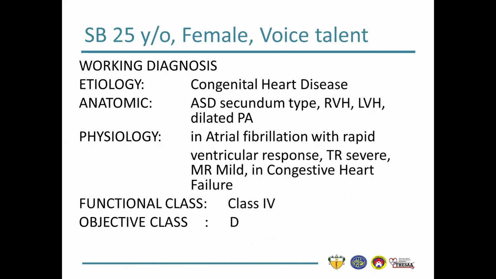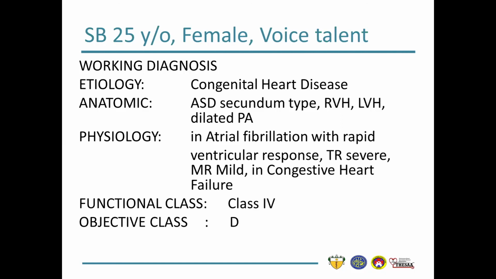So if we combine history, physical examination, as well as the different ancillary procedures requested, the working diagnosis for SB would be: etiologic diagnosis, congenital heart disease; anatomic diagnosis, atrial septal defect, secundum type, right ventricular hypertrophy, left ventricular hypertrophy, dilated pulmonary artery.